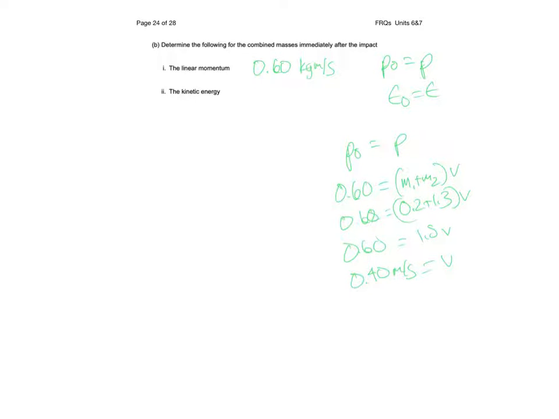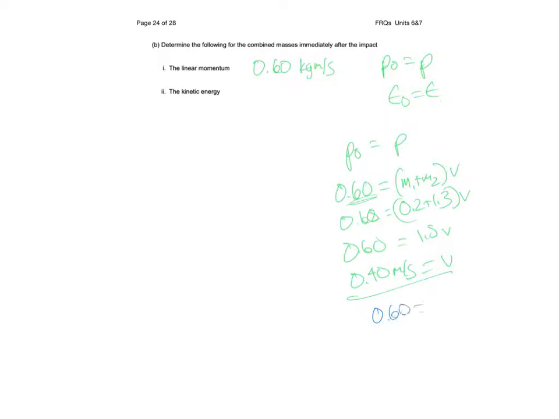But the question wants the momentum. The law of conservation of momentum, the initial is going to equal the final. So we can do a calculation back on that to find out what that velocity is.